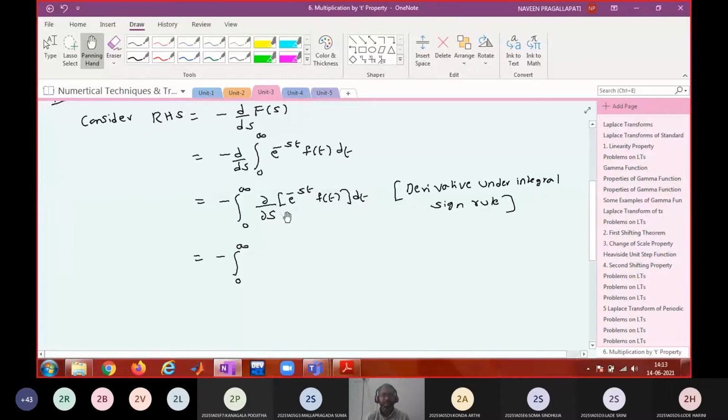Therefore, what is dou by dou s of e power minus st? f of t is constant. What is the partial derivative of e power minus st with respect to s?